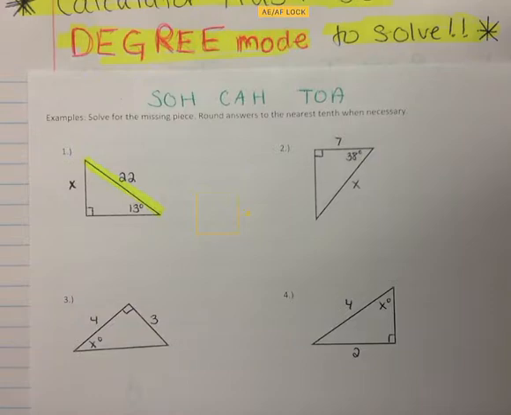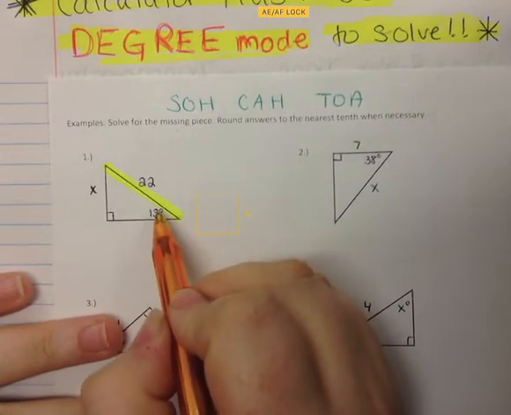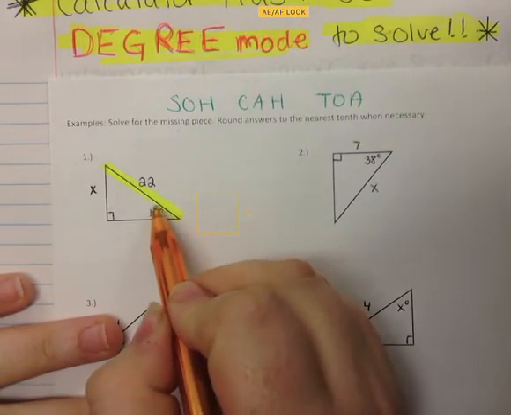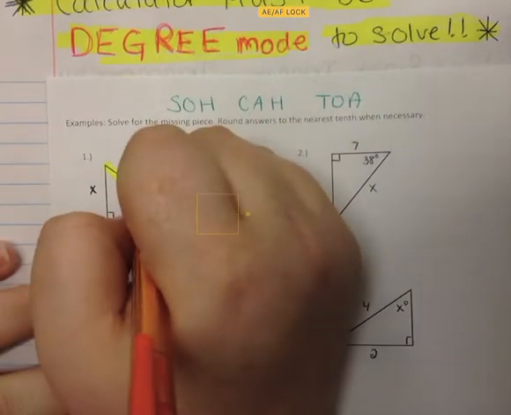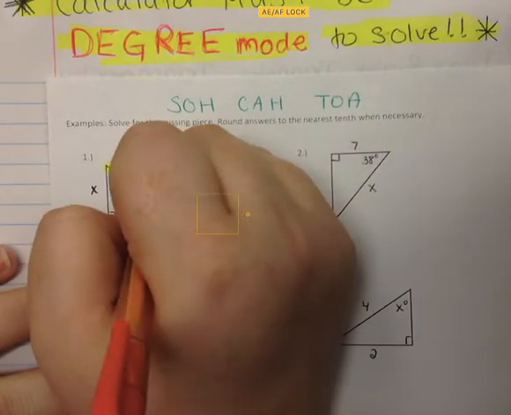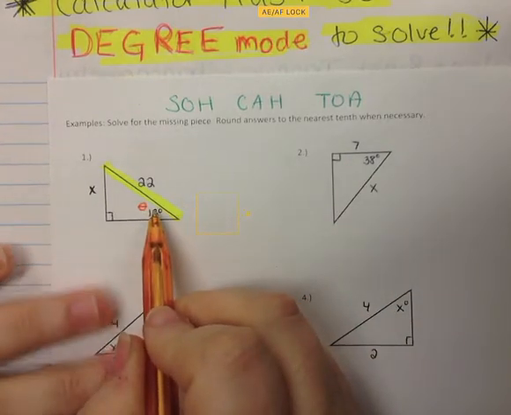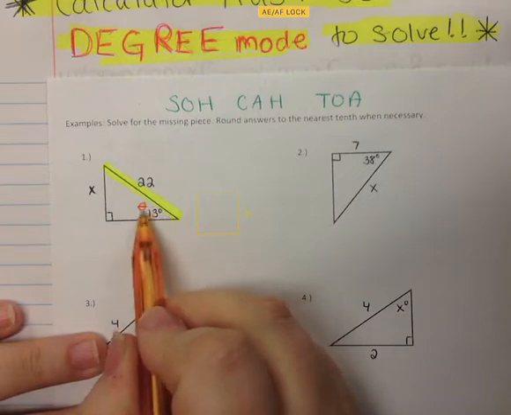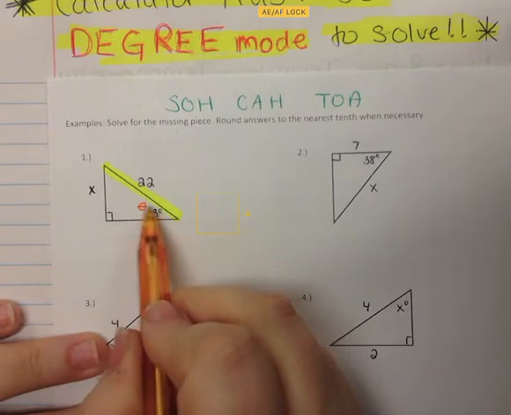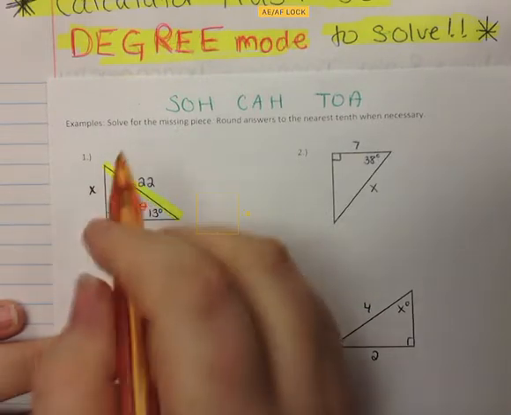What we want to do is label the triangle with everything we have. On this triangle, we have a degree here. This is considered our theta. The degree is considered our theta. So we put the theta symbol here. Now, with regards to theta, wherever your degree is located, even if the x is here, it's still whatever says degree. With regards to theta, where is everything else located?